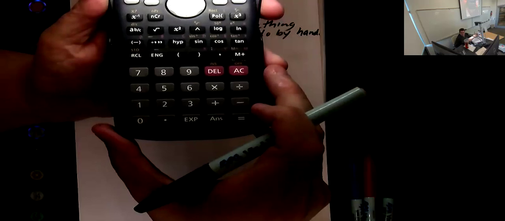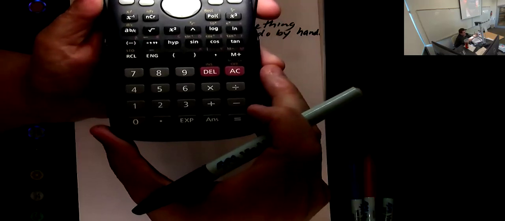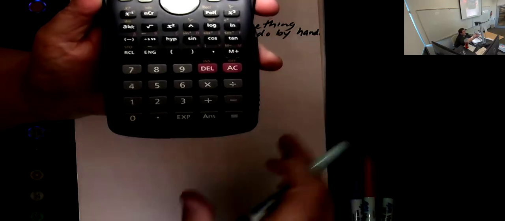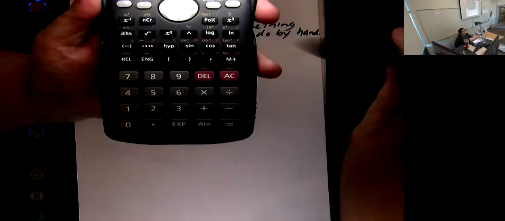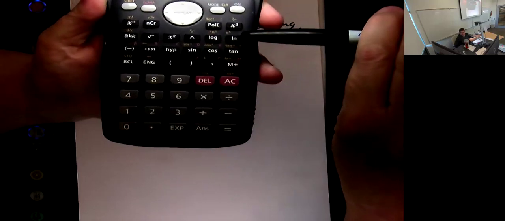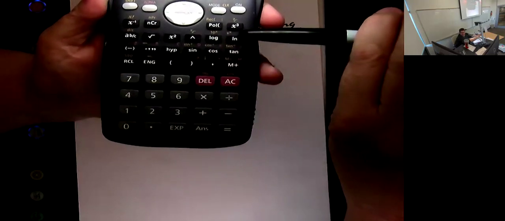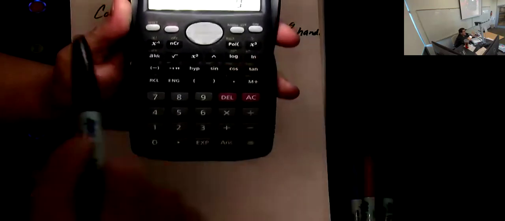Mine are hidden. Let's see if I can show this. See where it says log and then it looks like ln? My 10 to the x and e to the x are right above it in yellow. So I have to use a second shift button. My shift button up here is in yellow.